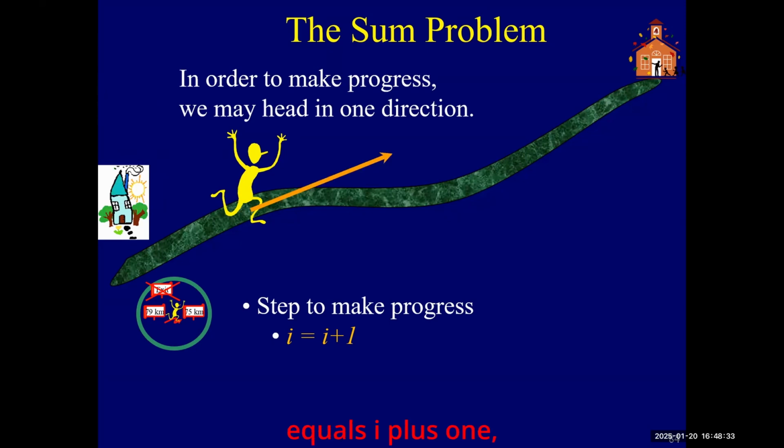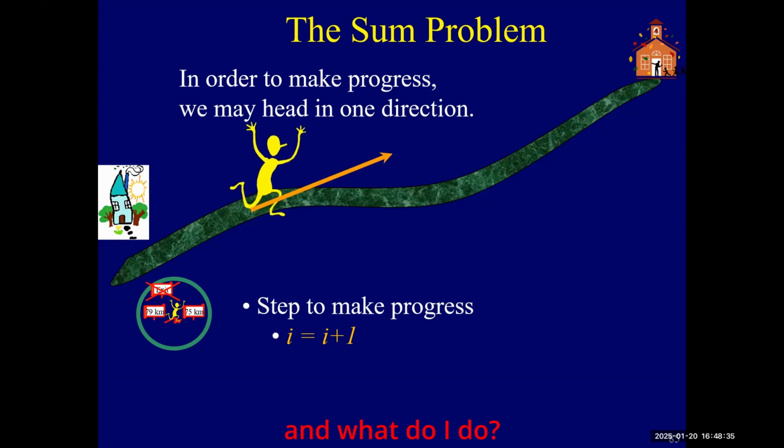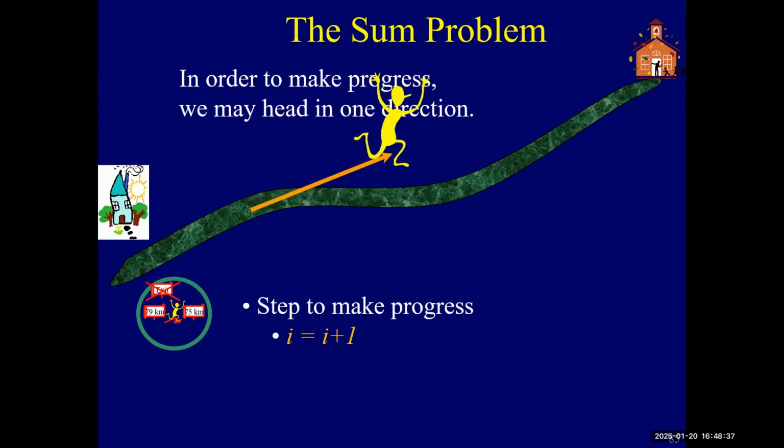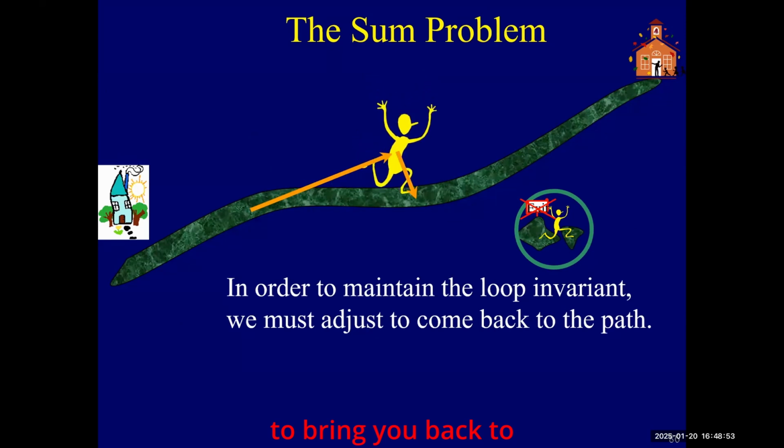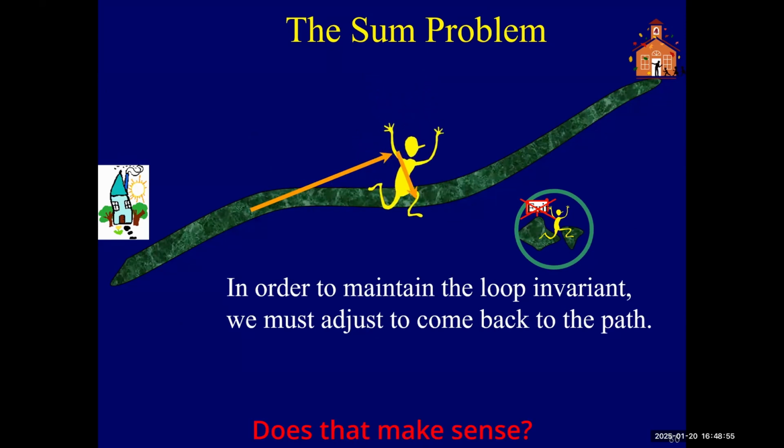So I said I equals I plus 1. And I move closer to where I'm going, right? But what's wrong? The loop invariant's false. So now your job is just to do the simplest possible thing to bring you back to the loop invariant, right? Does that make sense? Yeah?